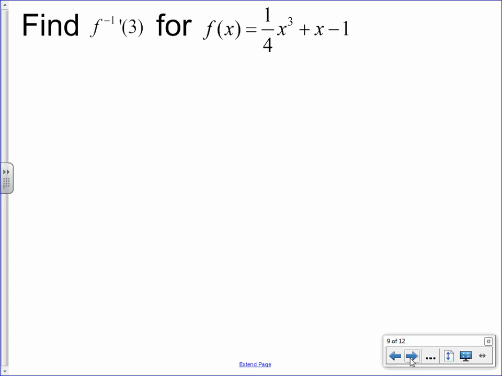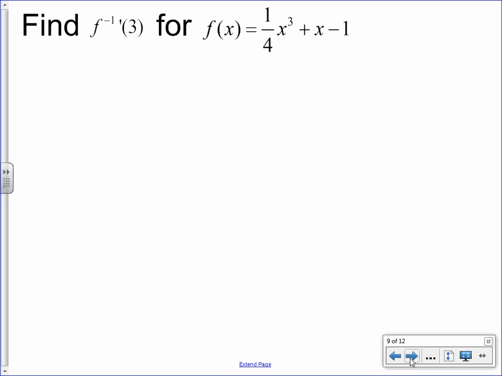So we want the derivative of the inverse evaluated at 3 when we know that the function is this. First of all, there are times where yes, we can find the inverse, take that derivative and evaluate it. But right now, we can't find the inverse of this.